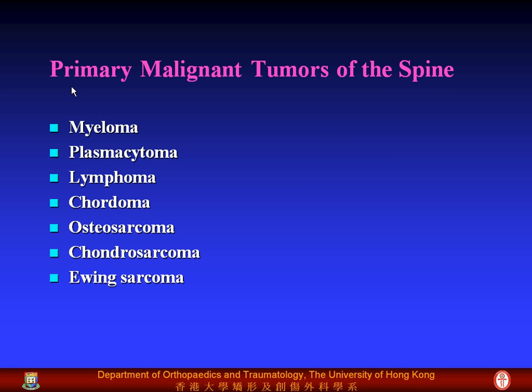The common primary malignant tumors of the spine are myeloma in the elderly, plasmacytoma, lymphoma, chordoma in the upper and lower ends of the axial skeleton, and osteosarcoma, chondrosarcoma, and Ewing sarcoma, particularly in children. And as we mentioned, some people would put giant cell tumor somewhere between these two groups.